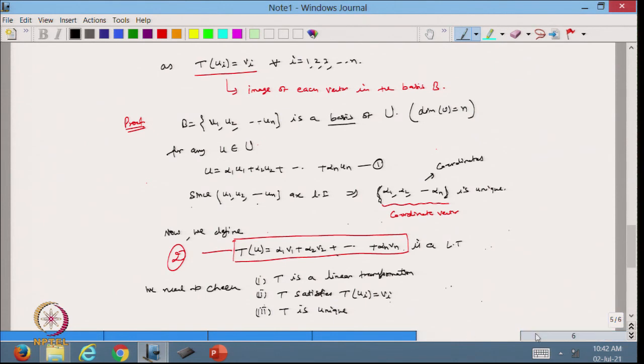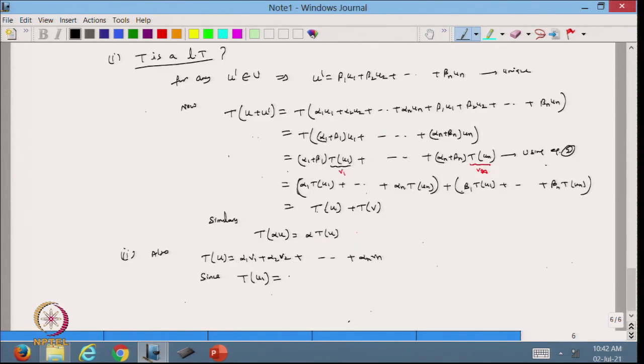So, this one I can write as T of, maybe I can write as T of u 1 plus 0 u 2, 0 u 3, 0 u n.